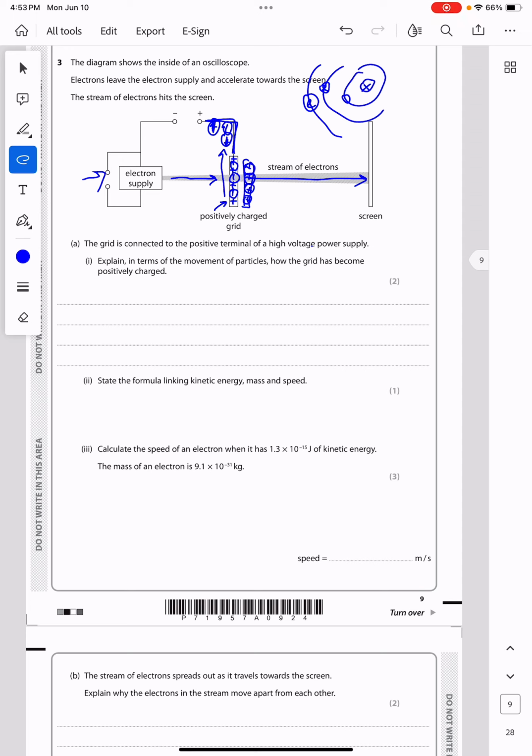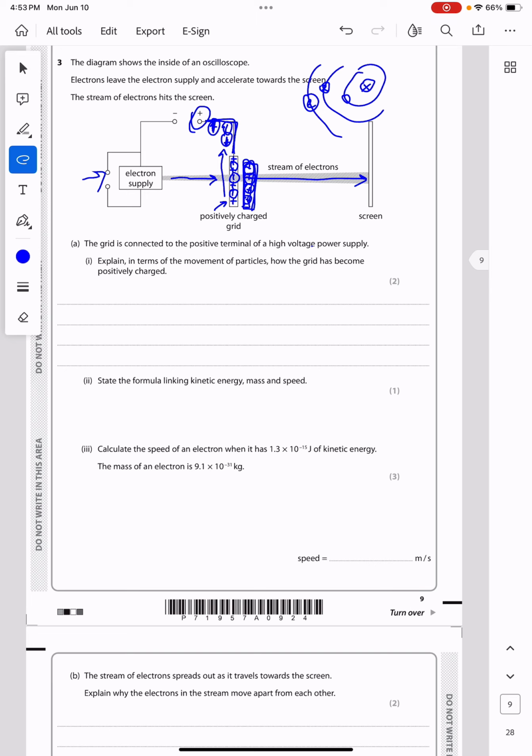So we will end up having a grid with more positive charge than negative charge, since some of the electrons left the grid in order to be with the power supply, since opposite charges attract each other.